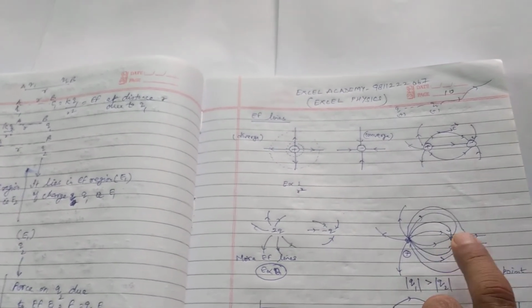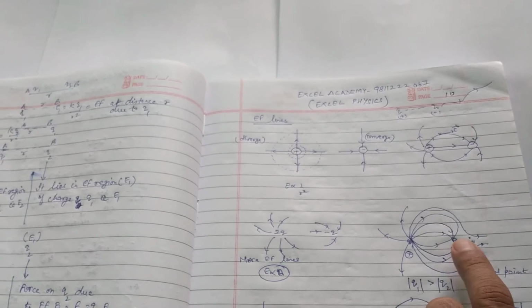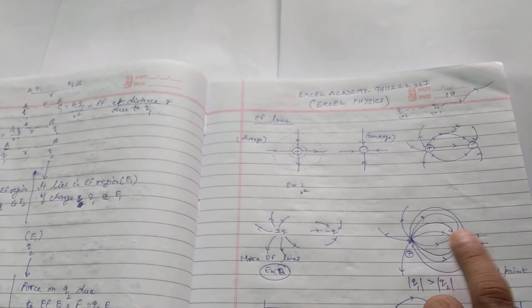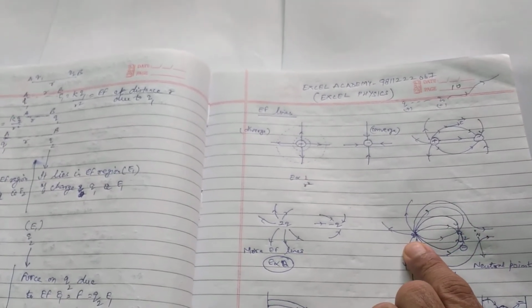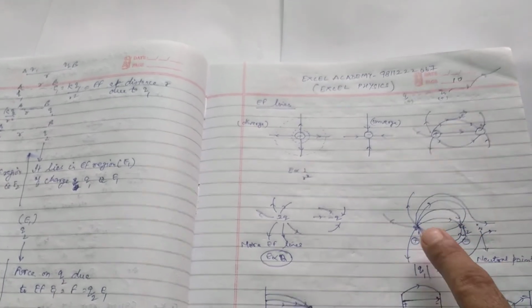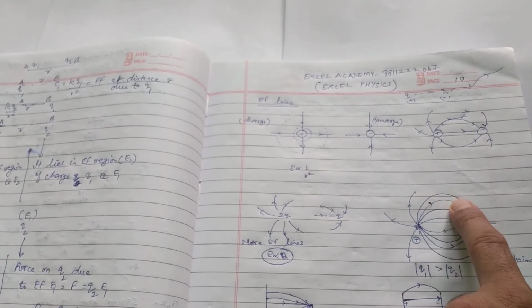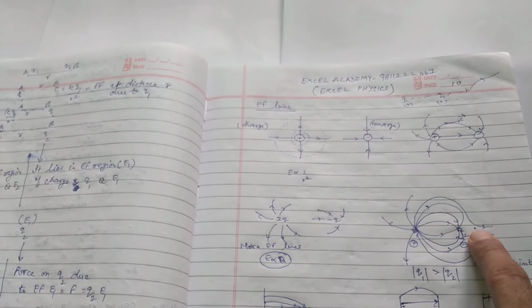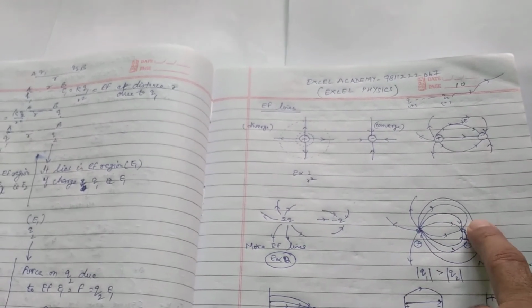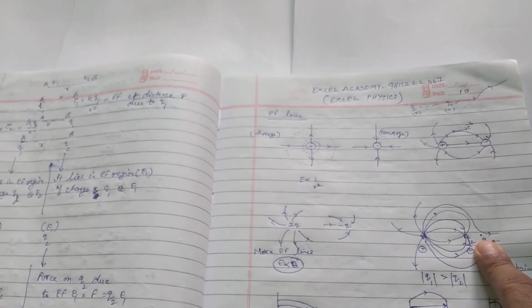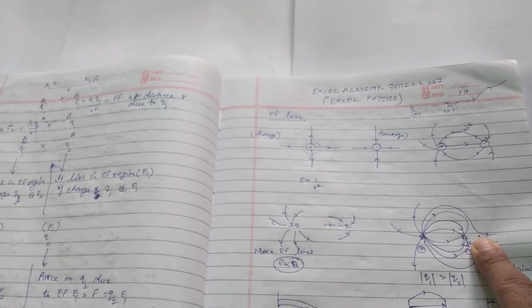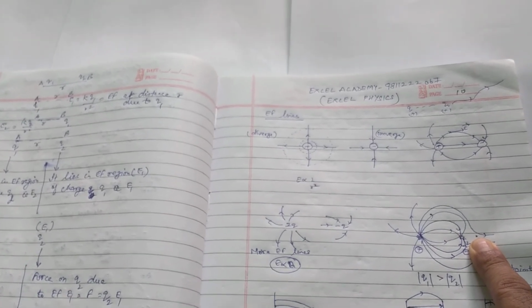It means that the magnitude of this charge is smaller than this one. So the electric field line starts from here and terminates here, and here these electric field lines are not passing. That's why at the neutral point you can say the electric field lines never pass.